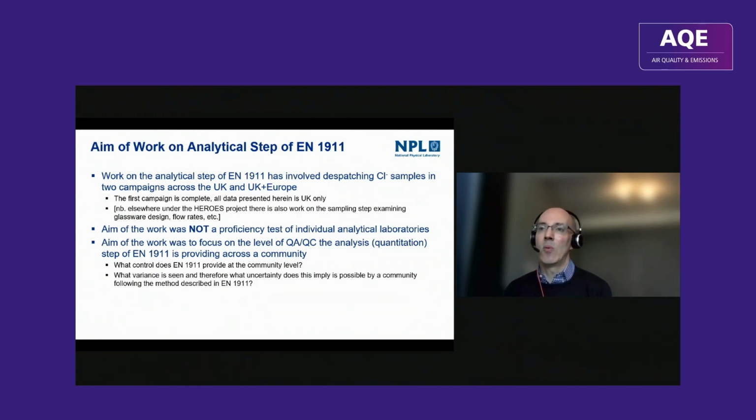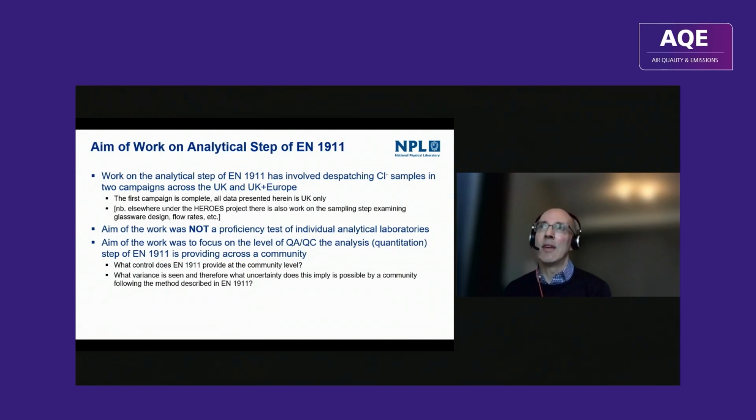So what I'm trying to get at is that when a sampling team goes to a stack and pumps the gas out of the stack and takes the sample, as part of their role, they have to come up with an uncertainty budget, and in that table, they'll have various rows that are due to sampling uncertainty sources, and they'll also have a row of the uncertainty that's due to the analytical step.